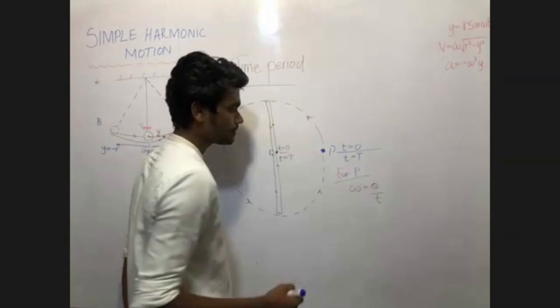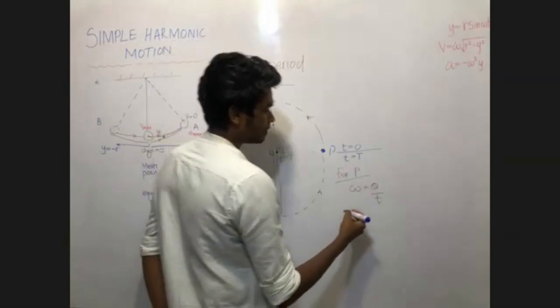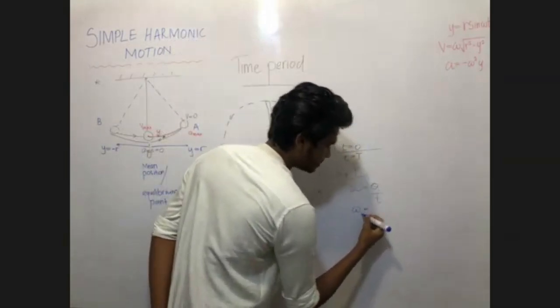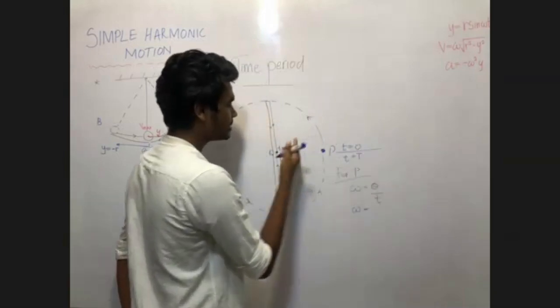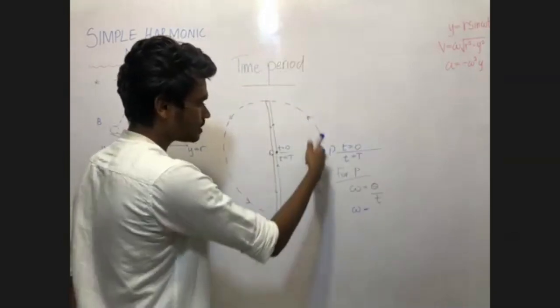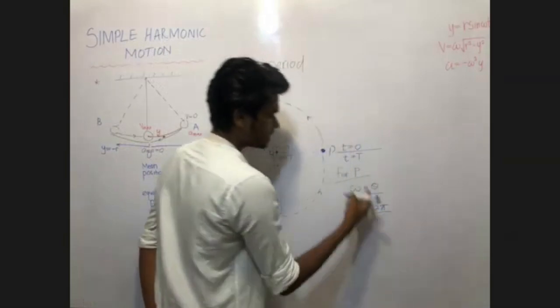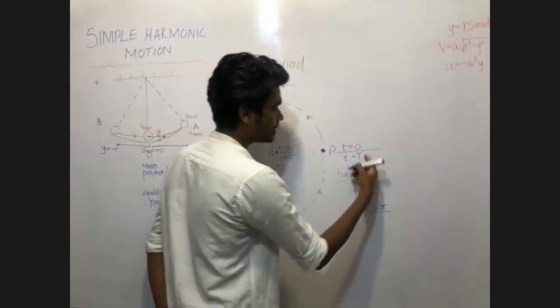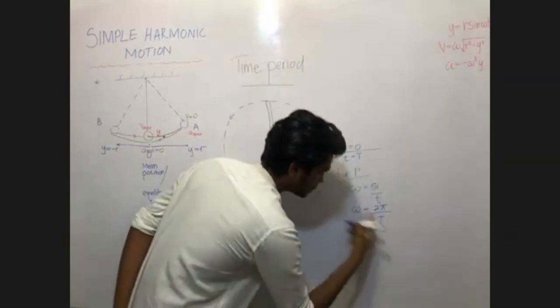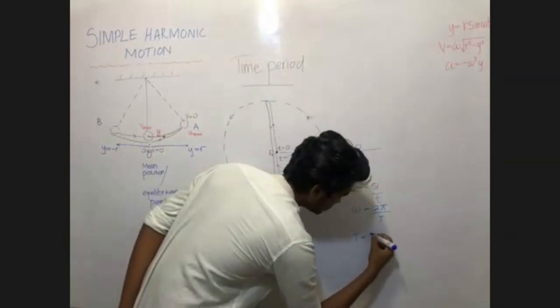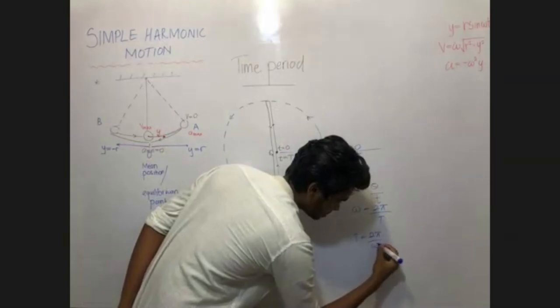Theta, when it performs one complete revolution, is 2π radians. The time taken is capital T. So time period is equal to 2π divided by omega.